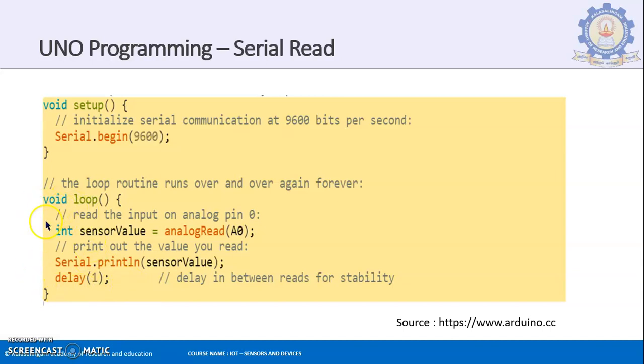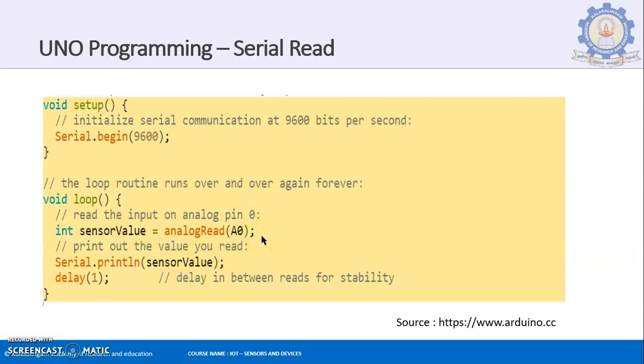So void loop, and what am I going to do over here? I am combining two instructions in a single line. I'm creating an integer data type with the name sensorValue that would otherwise be initialized at the top line, but instead of having two separate lines in my program, I'm combining them into one. In that variable, I'm going to store the real-time data of my potentiometer.